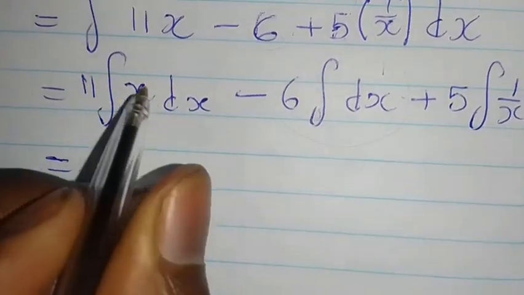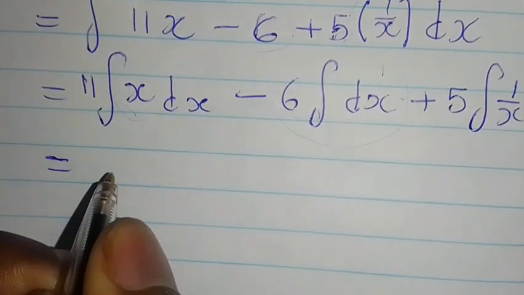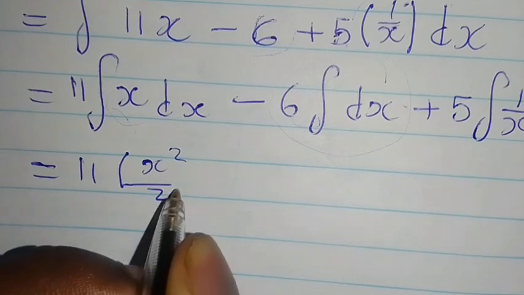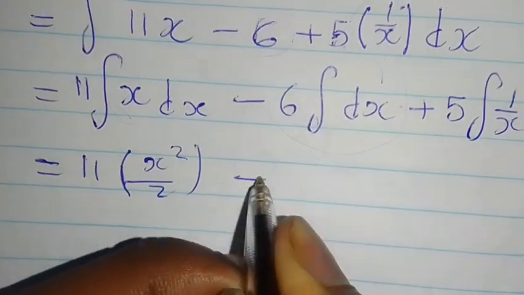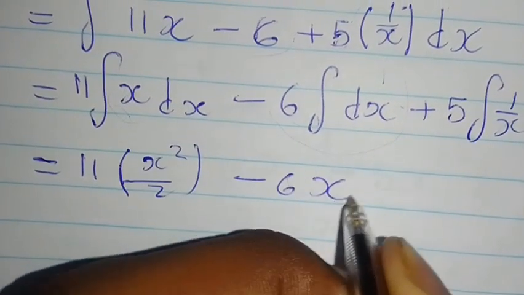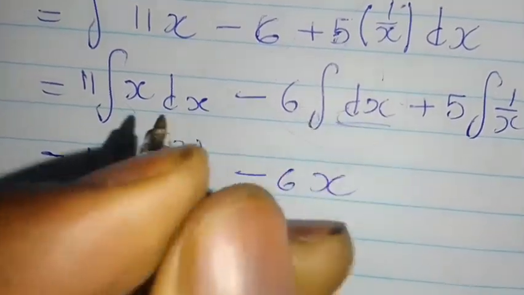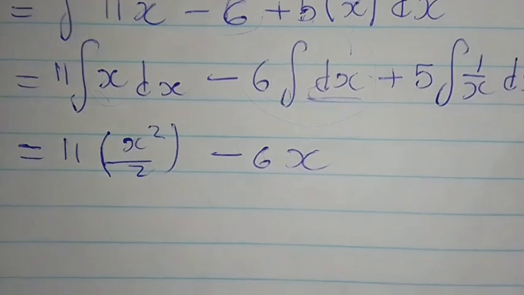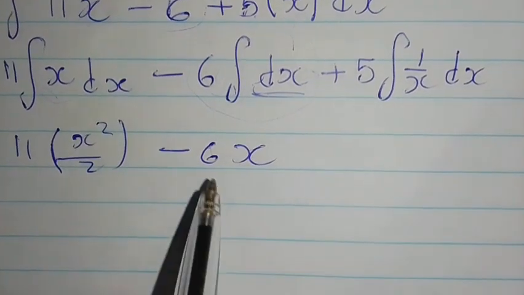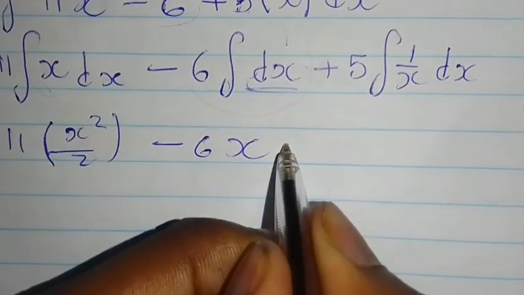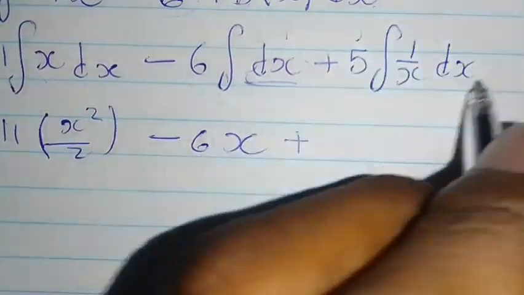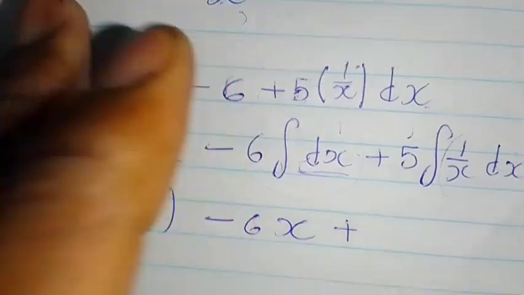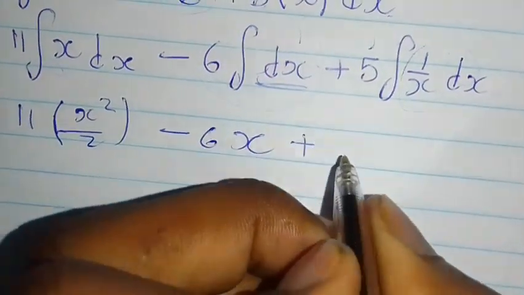Now what's the integral of x? Apply those formulas I showed you. You'll get that this will be x squared over 2. If you apply that method I showed you, then this will just be x, since this is just an infinitesimal. It's just the infinitely small x in this case. So when you integrate that, you'll get x plus 5. The integral of 1 over x, that's what I was showing you here. It's going to be the natural log of the absolute value of x.